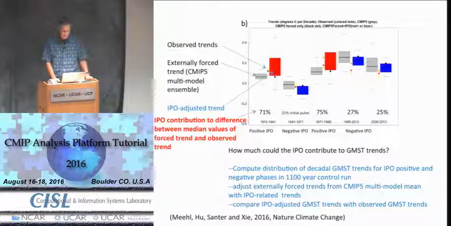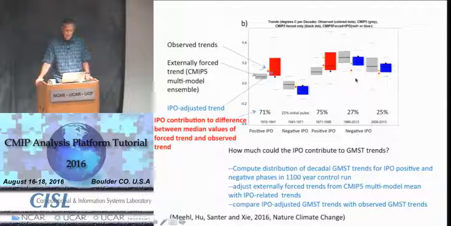So this is what we want to look at, and then you can do this for each of the IPO phases. It's 25% in the initial phase, and this big height is from 41 to 71, 75% from 71 to 95. 2 different time ranges for the most recent period. Surprisingly, only about a quarter of this difference between the externally forced response and the actual observed trends is accounted for by this pattern of the IPO as defined by the model.